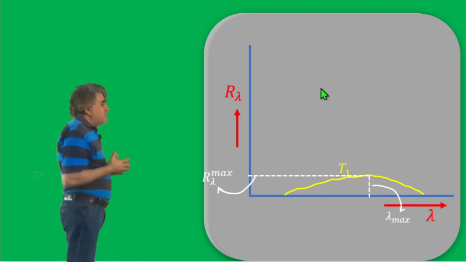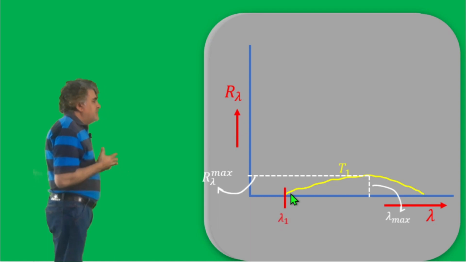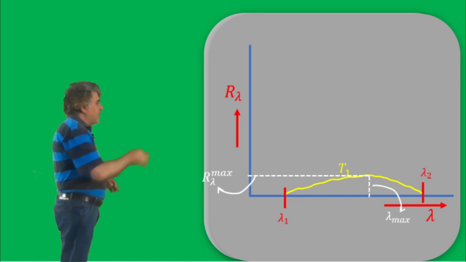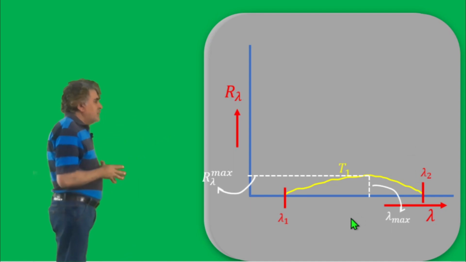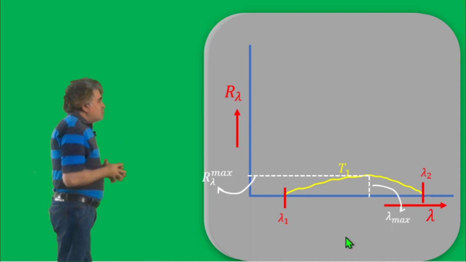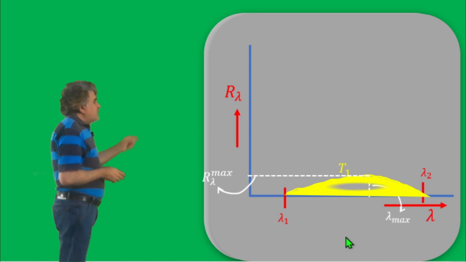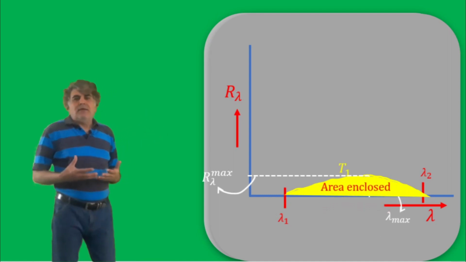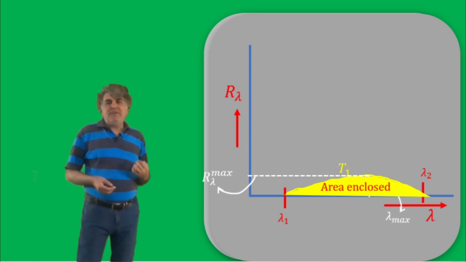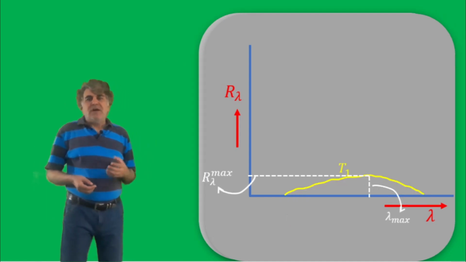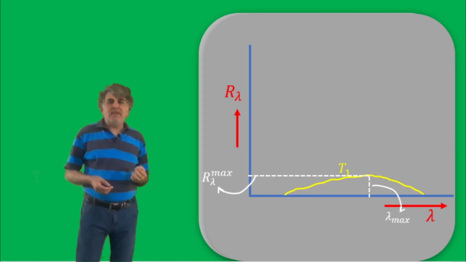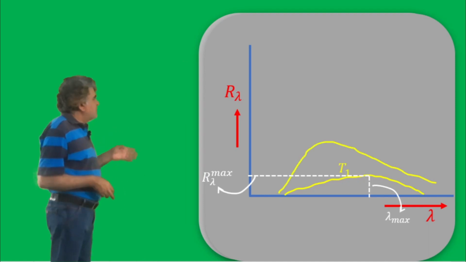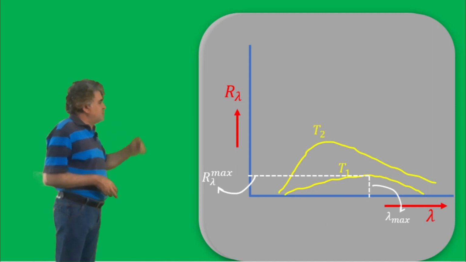The total emissive power of the blackbody at this temperature between the two end wavelengths lambda 1 and lambda 2 is equal to the area enclosed by the curve with the horizontal axis. Increasing the temperature and repeating the same procedure, a curve with a larger enclosed area with the horizontal axis is obtained, such as the one drawn at temperature T2.